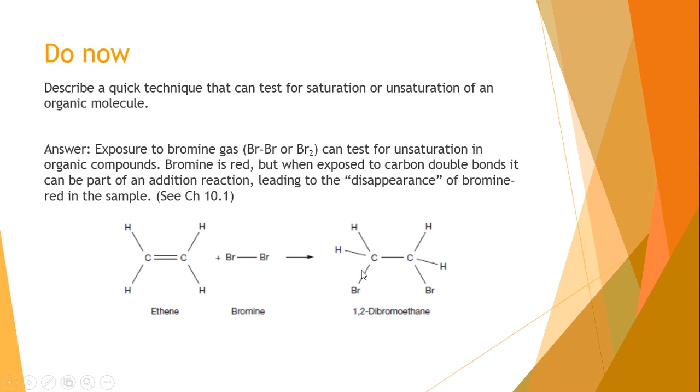So as a visual test for many organic compounds, if you want to see whether it has double bonds or triple bonds, just react with bromine. Bromine is red, but when it's exposed to carbon double bonds, it can be part of an addition reaction, leading to the disappearance of bromine red in the sample. And if you want to have a look at that, have a look at 10.4.